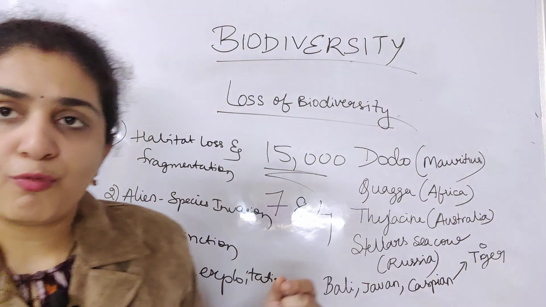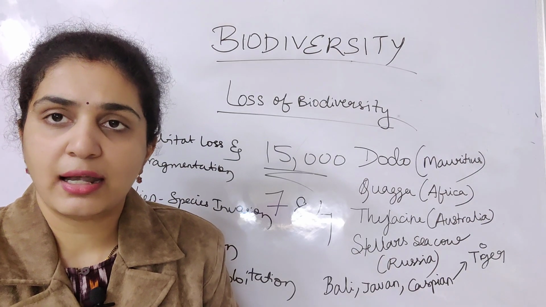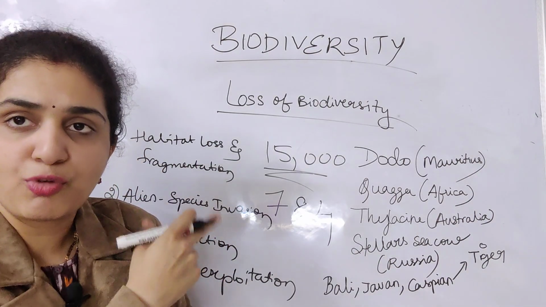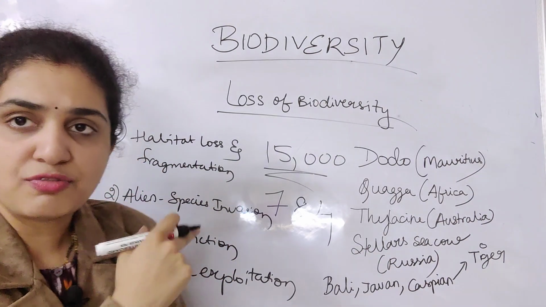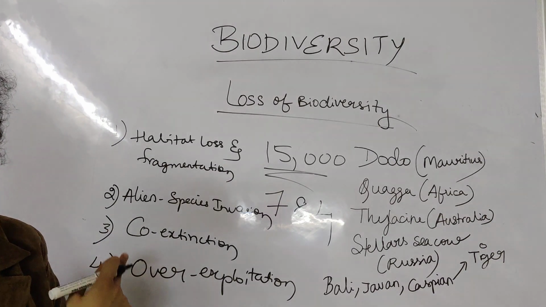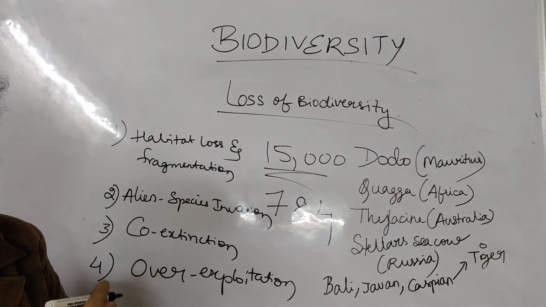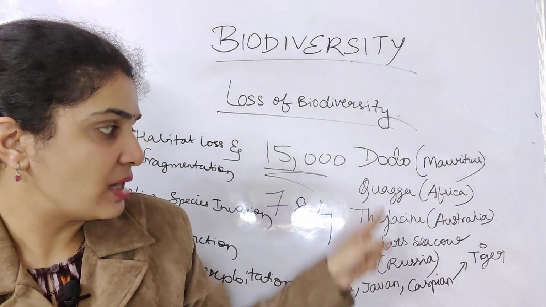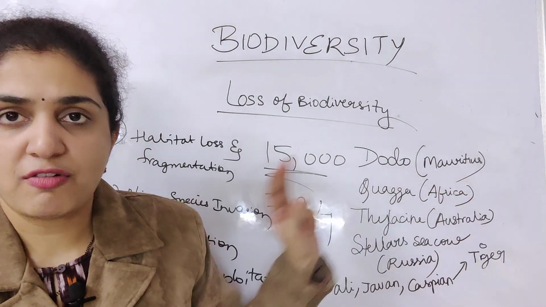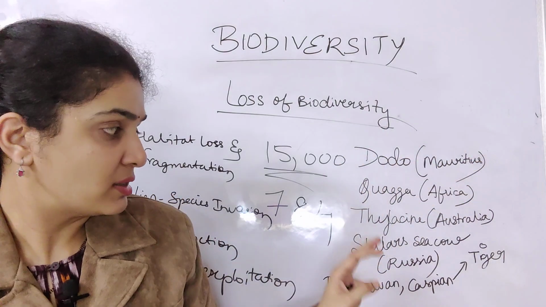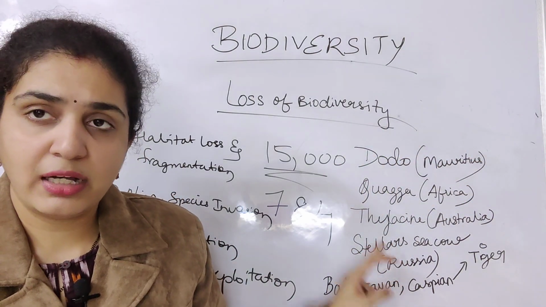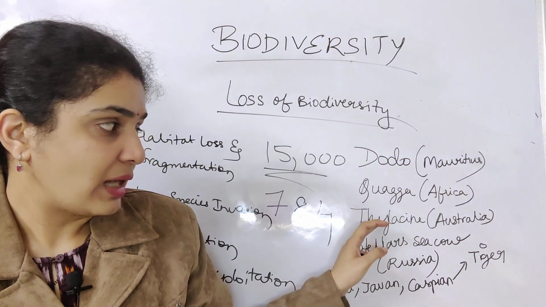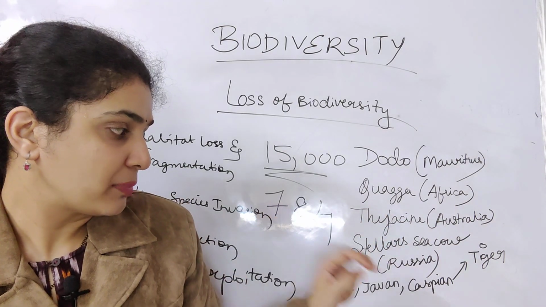Then why are all these species getting extinct? Due to these four reasons: habitat loss and fragmentation, alien species invasion, coextinction, and overexploitation. They will ask these as important NEET questions. Quagga belongs to Africa. Dodo, Mauritius. Steller's sea cow, Russia. Thylacine, Australia.